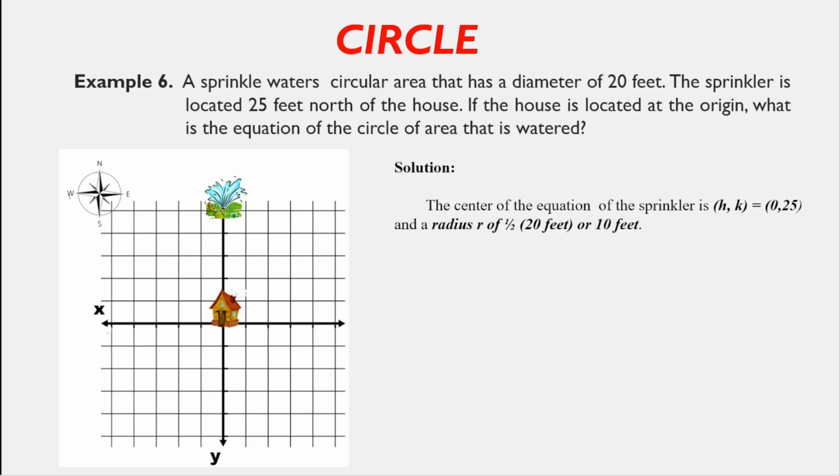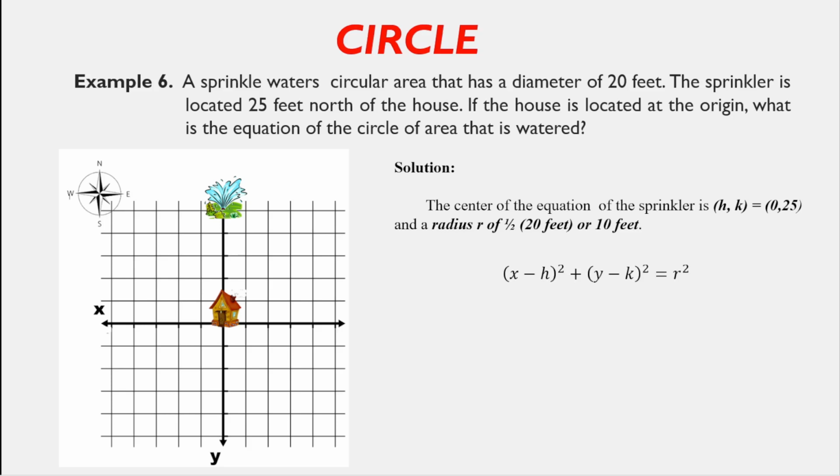Solution: the center of the sprinkler is located at the coordinate (0, 25), and since the diameter is 20 feet, we need half of 20 feet for the radius, that is 10 feet.